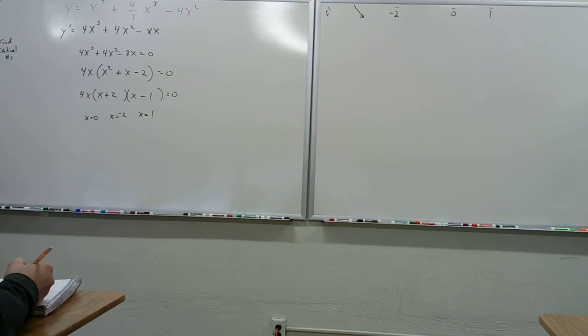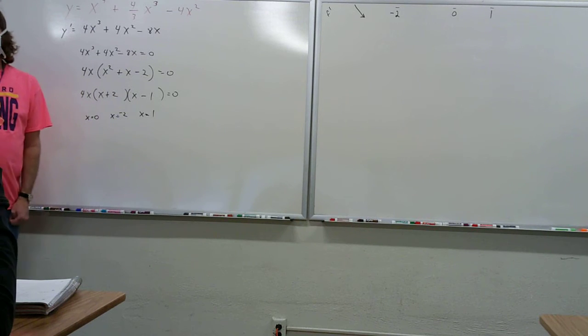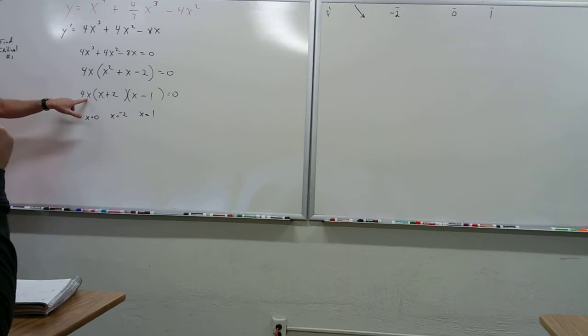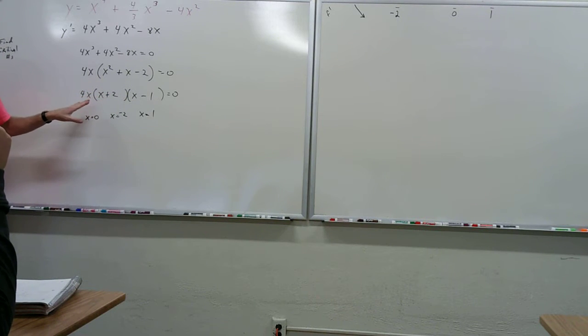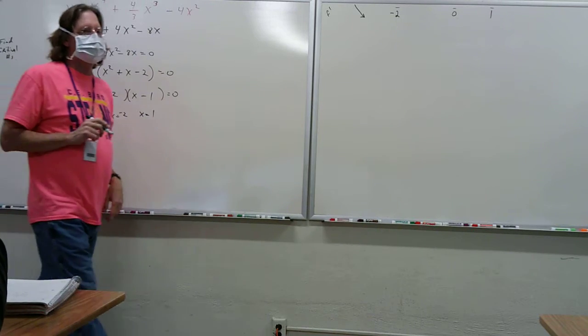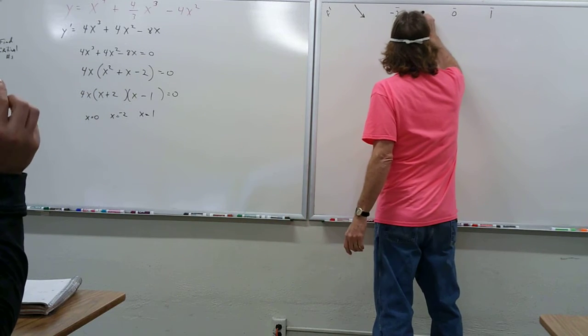Okay, we're using our f prime graph, and all f prime does is tell us increasing or decreasing. Pick a number between -2 and 0. Negative, negative, but that would be positive, so you get a positive result, right? So between -2 and 0, the original function is not going down, it's going up.